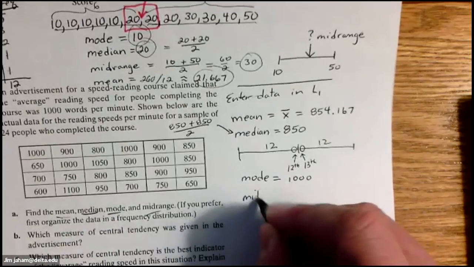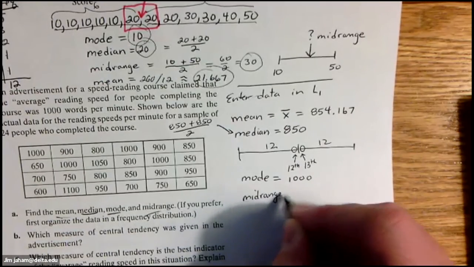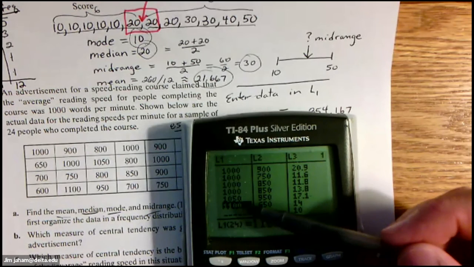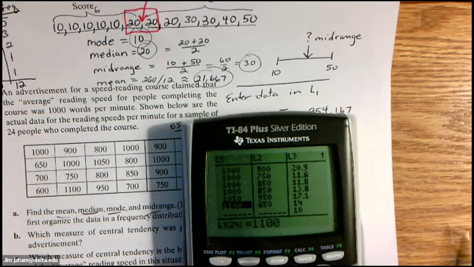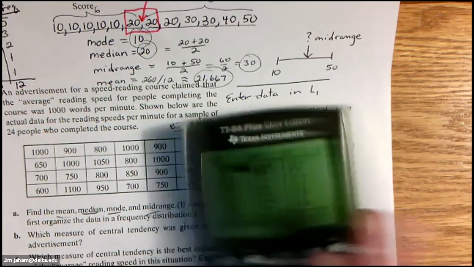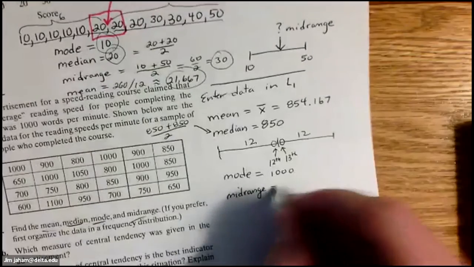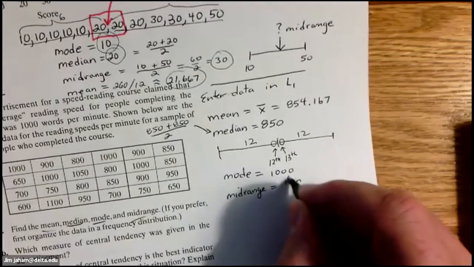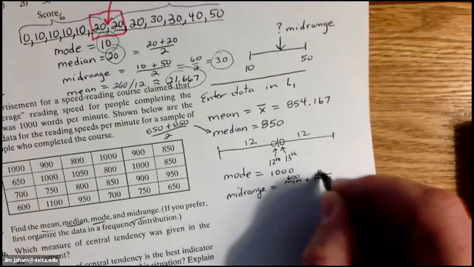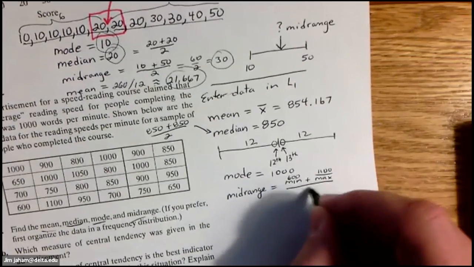All right, so the mid-range, you can see from the list here that the maximum data value is 1,100. And if we scroll up to the top of the list, the minimum data value is 600. So we're going to add the min, 600, with the max, 1,100, and then divide by 2.